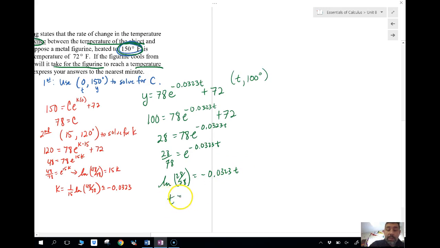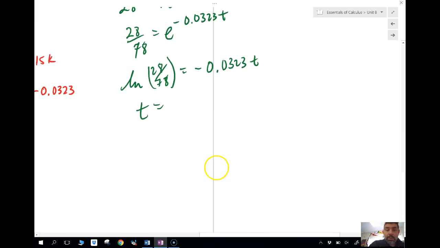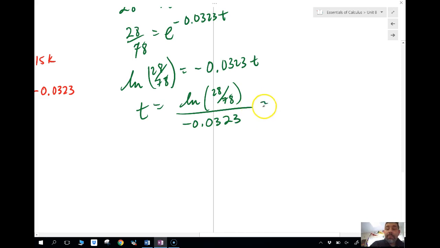We're going to get t equals ln of 28 over 78 divided by negative 0.0323. This is going to be about 32 minutes.